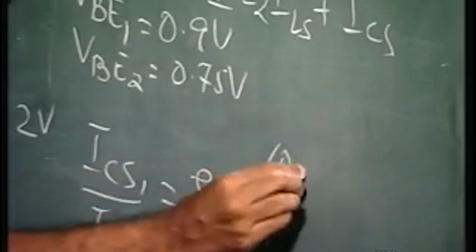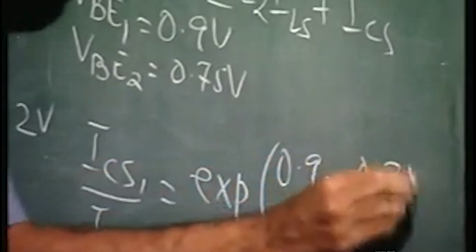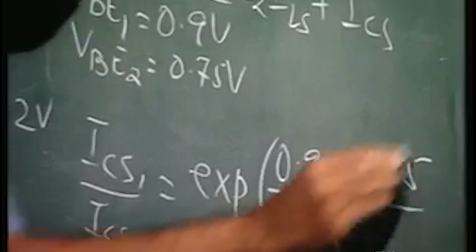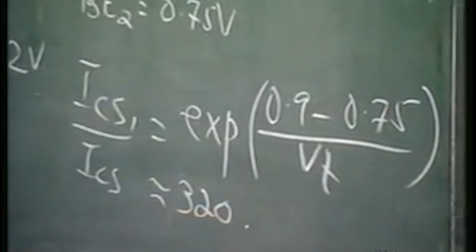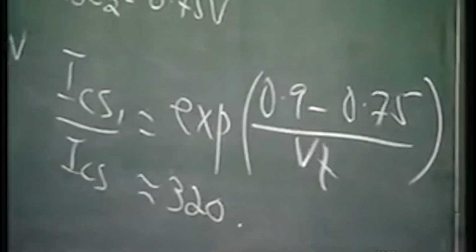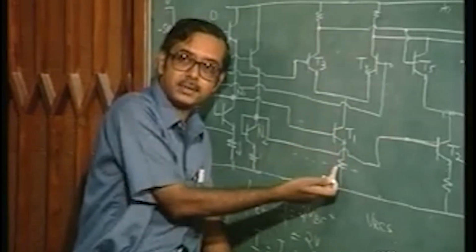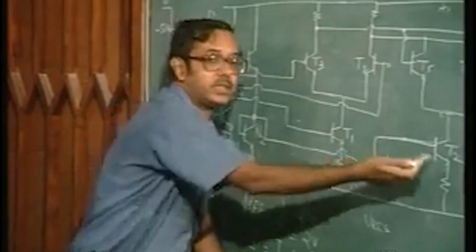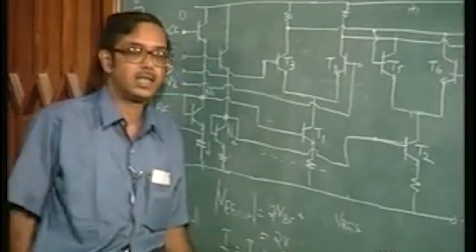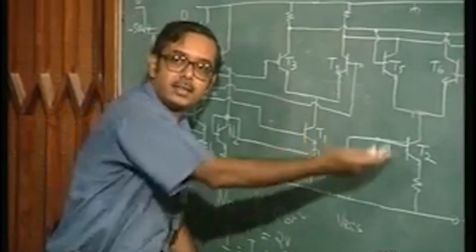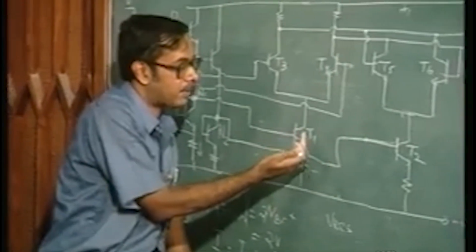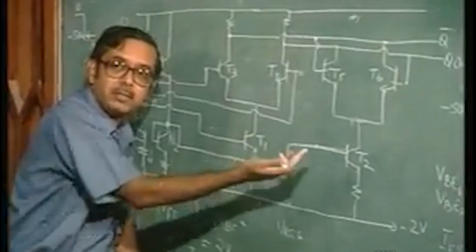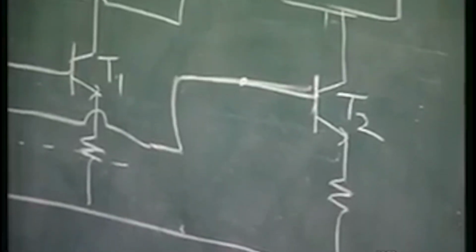So, it is going to be exponential of 0.9 minus 0.75 by VT. So, this is around 320. So, the current flowing through one branch is going to be about 300 times that of the other branch. So, we can safely say that current is actually flowing in only one of them and the other current is almost 0.